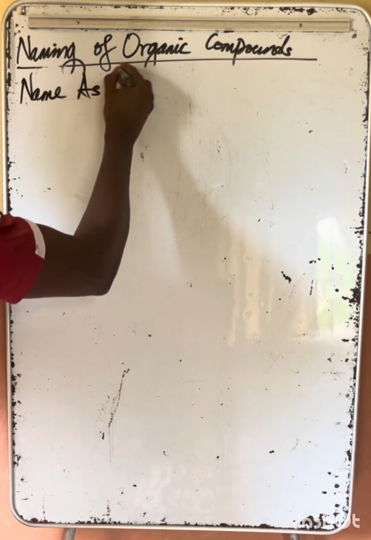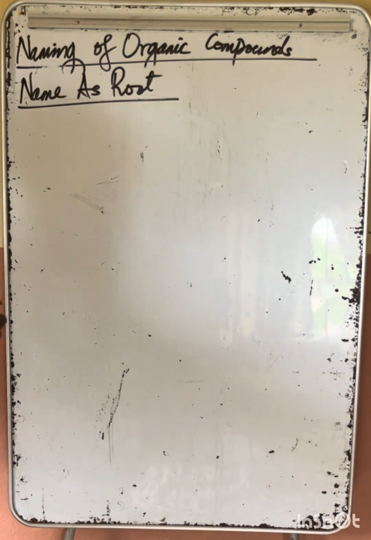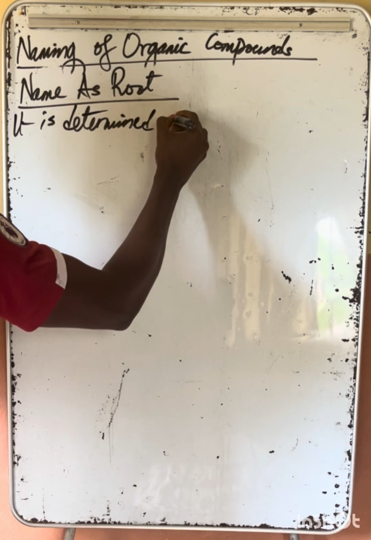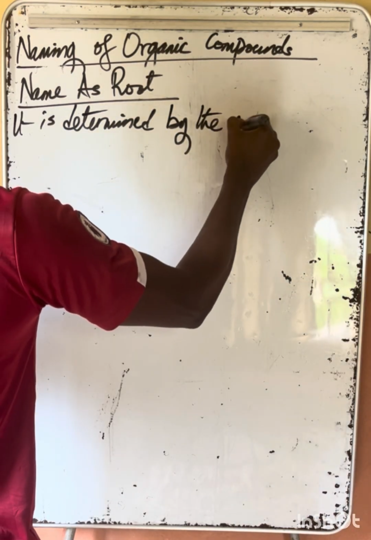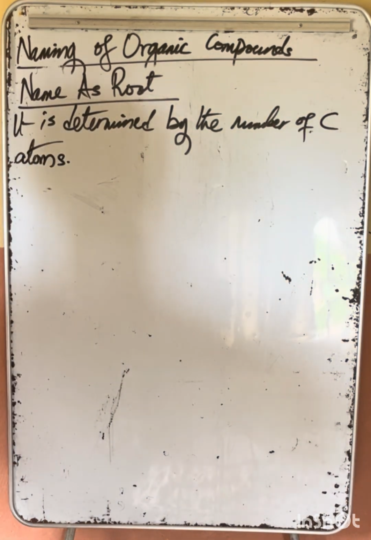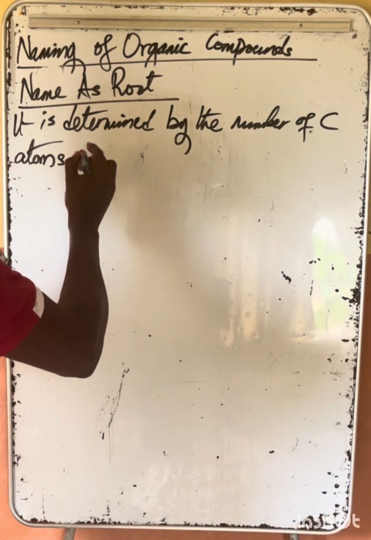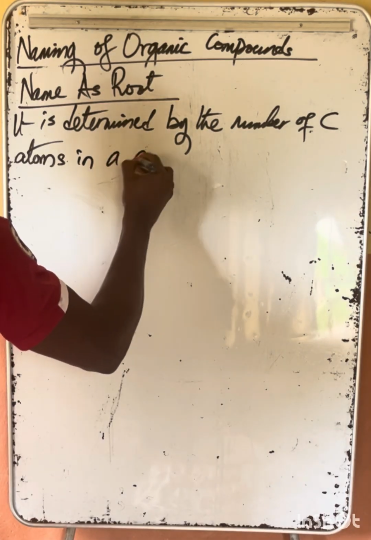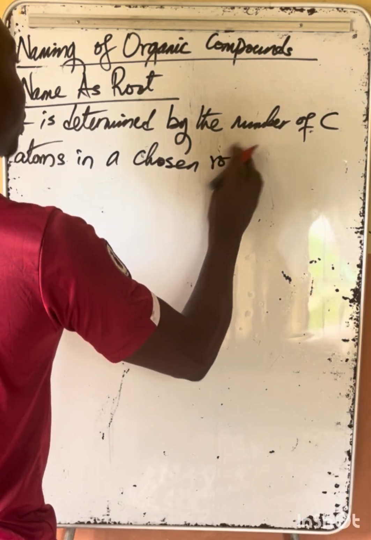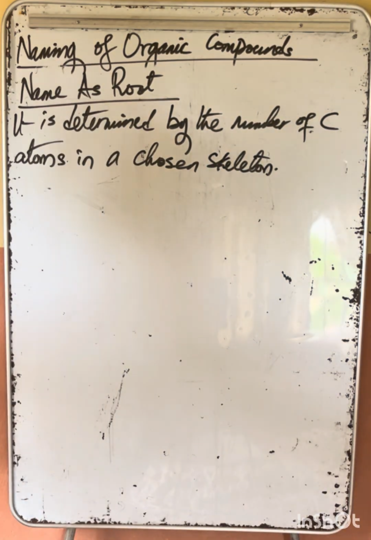The root is determined by the number of carbon atoms, not just the number, but the highest number of carbon atoms in a chosen skeleton. Let me put it this way so that it makes more sense to us.